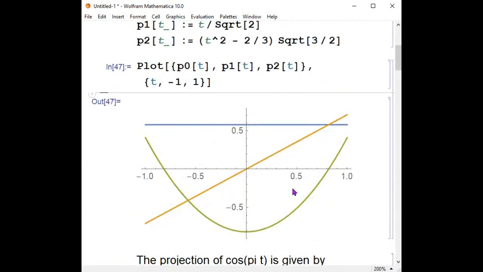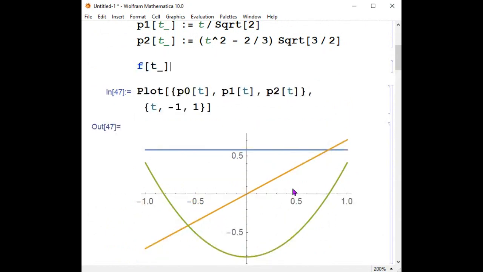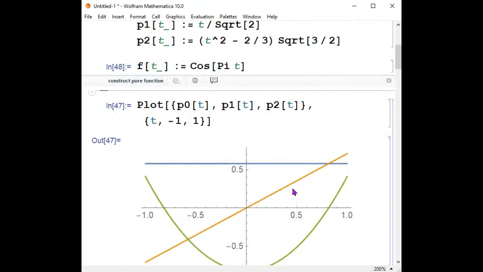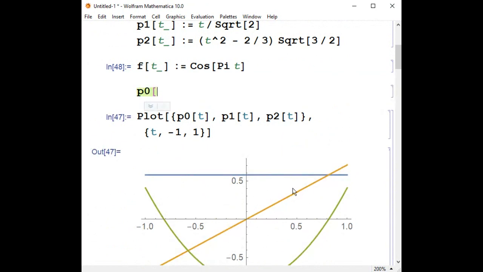I'm going to take f of t as cosine pi t, so I don't have to write it a bunch of times. And then I'm just going to do the inner products. So what is P0 of -1, f of -1, plus P0 of 0, f of 0, plus P0 of 1, f of 1?